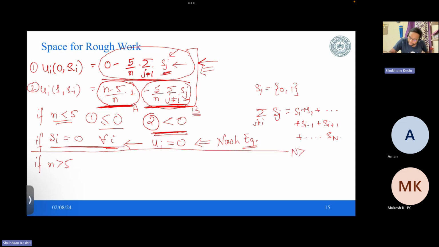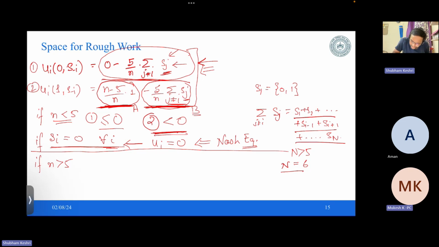When n is more than 5, suppose n is 6, this sum will have 5 terms because Si is not there. If I'm confusing you, just tell me. No, I'm not confused. It will have 5 terms. I understood.